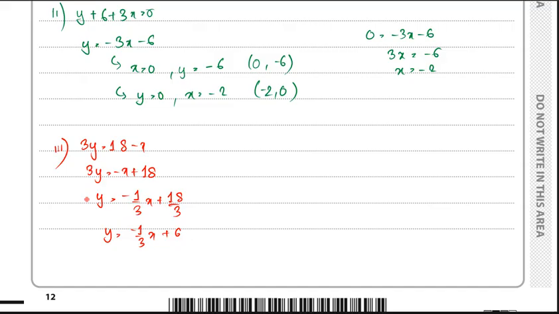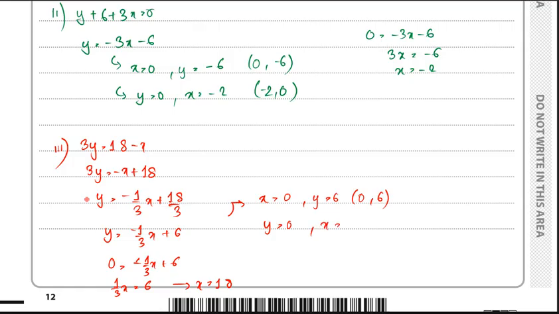Now we can find the values when x equals 0. So y will be 6. So 0 comma 6. Similarly, when y equals 0, 0 equals minus 1 by 3 x plus 6. So x would be 6 multiplied by 3, so 18.